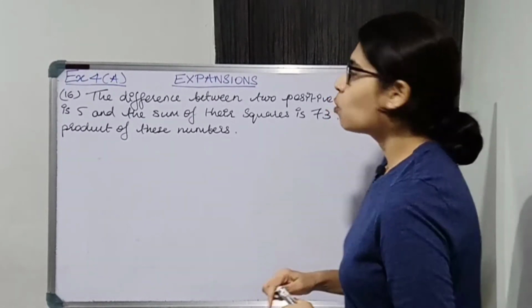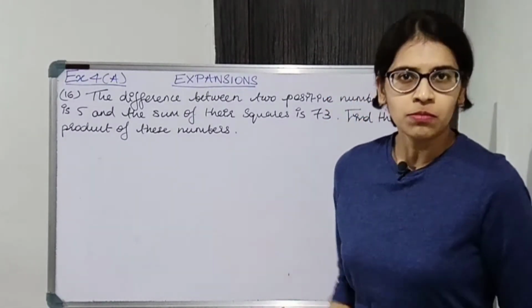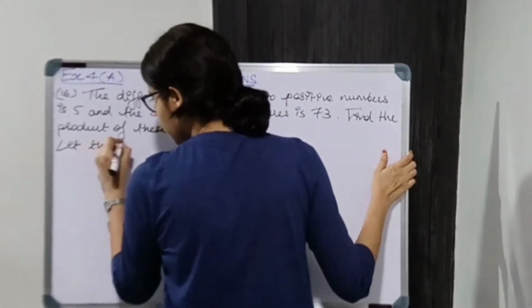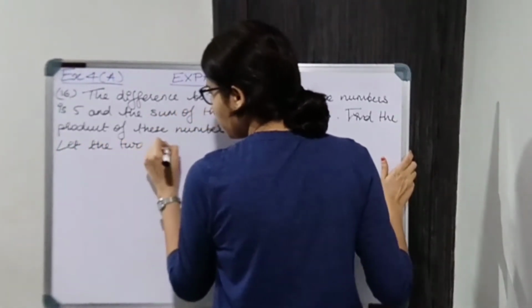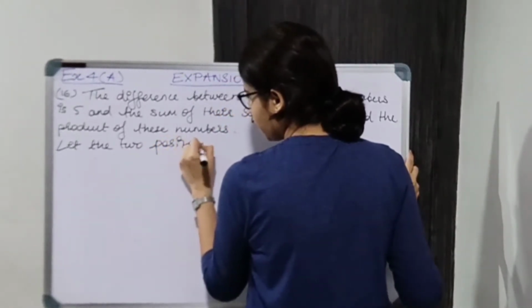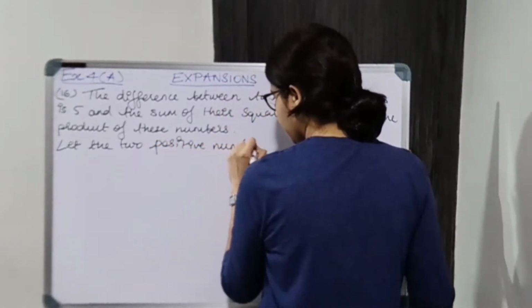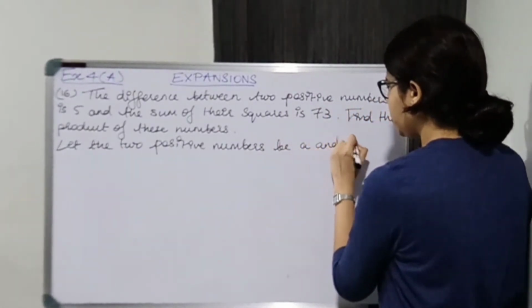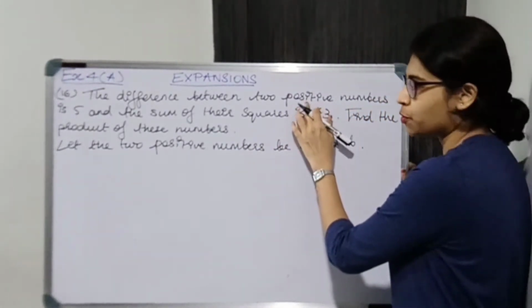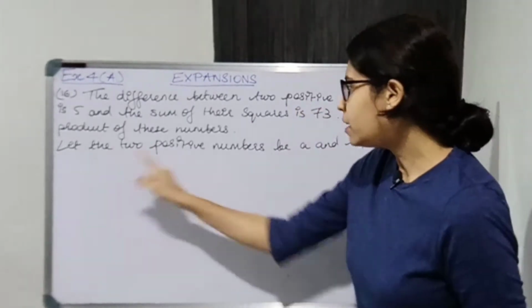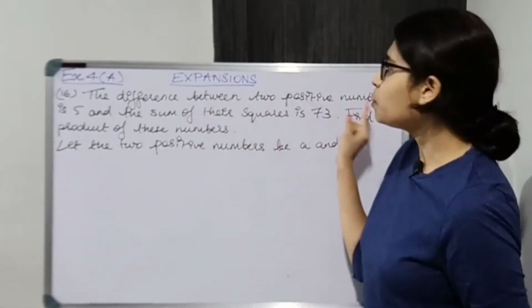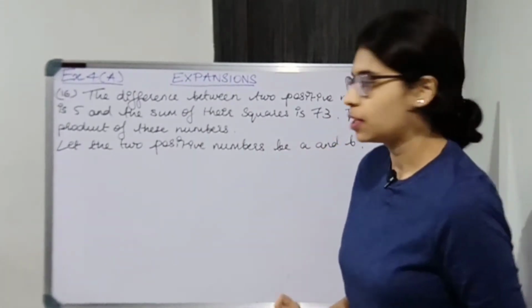So we have to assume two alphabets over here, two variables over here. Okay, so let the two numbers be a and b. So let the two positive numbers be a and b. We are told they are positive numbers. Now we are told the difference between two positive numbers is 5.